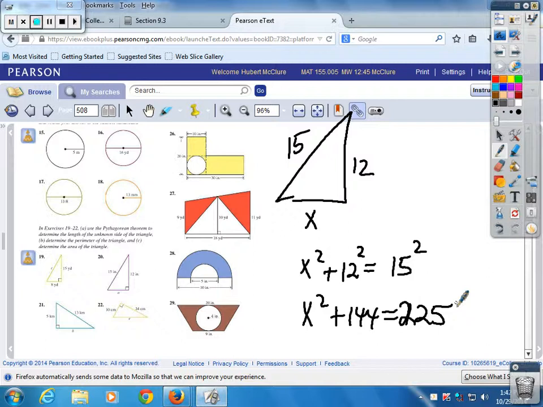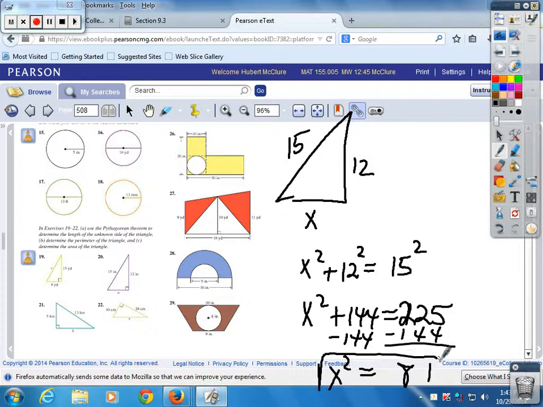How do you get rid of adding 144? I get X squared is equal to 81. And what's the square root of 81? 9. That's right.